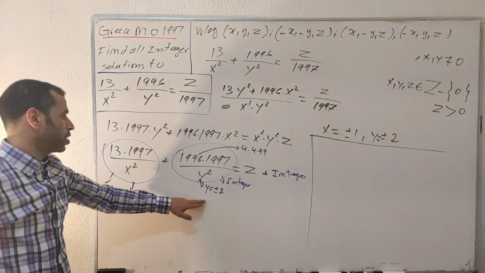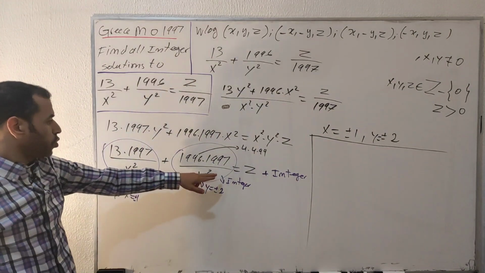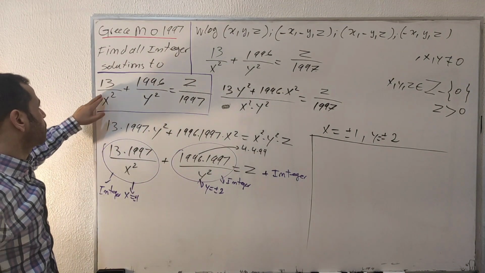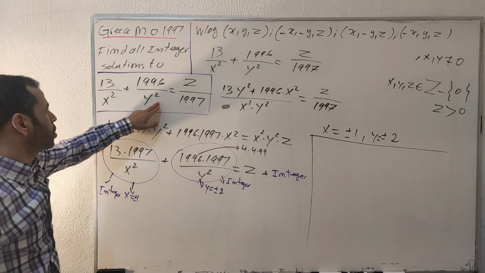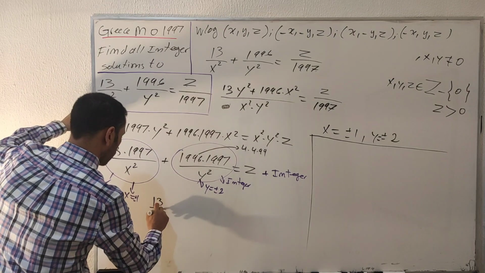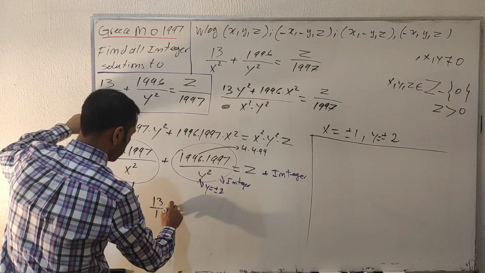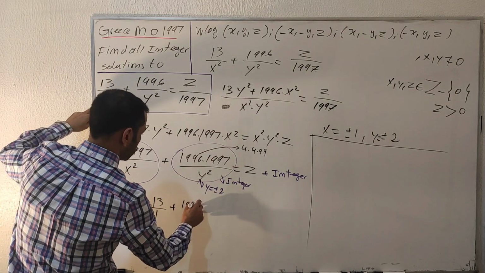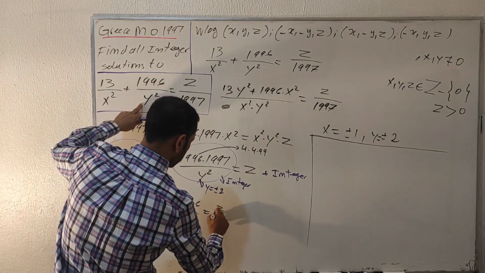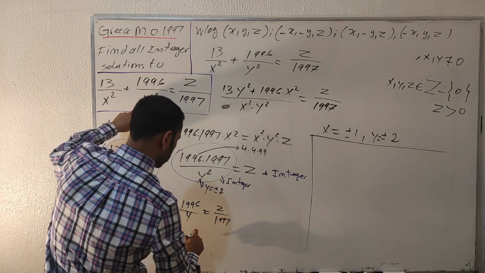Now the only thing left is to determine z. I'm simply going to use the original equation by replacing x with 1 and y with 2. So I get 13 over 1 squared, which is 1, plus 1996 over 4 equals z over 1997.